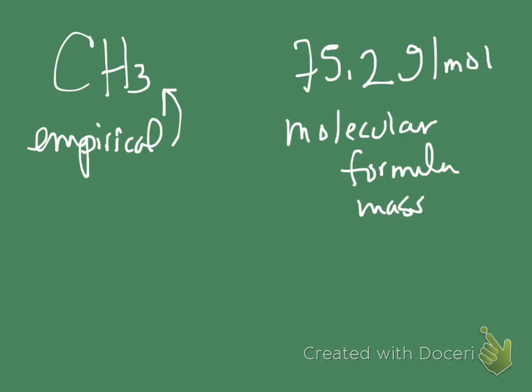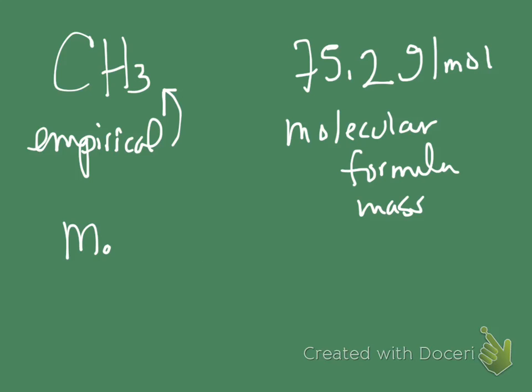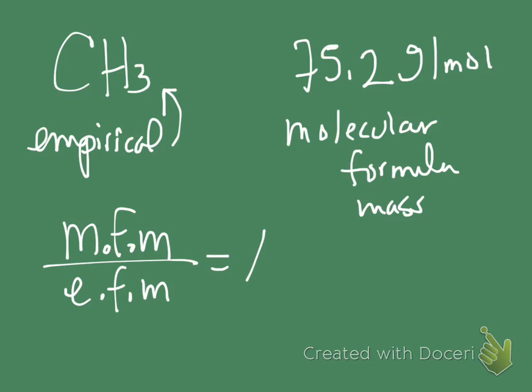What I want to know is what's the molecular formula? How do I go about setting this up? My usual would be that I need molecular formula mass divided by empirical formula mass, and that's going to equal my multiplier x.